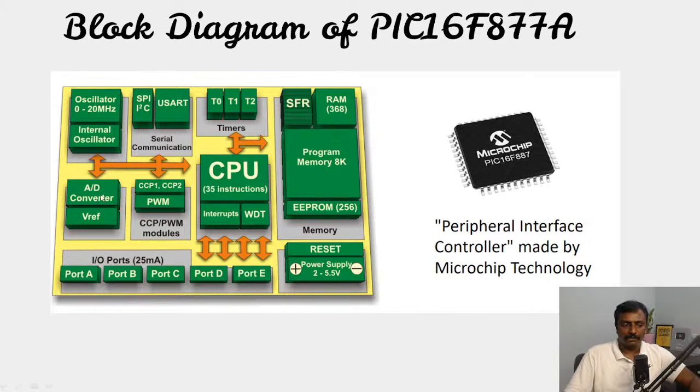You have 5 ports, and the oscillator is 0 to 20 megahertz. You have SPI, I2C, and USART internally, and timers. You have RAM, program memory, and EEPROM. So this is the block diagram for PIC.